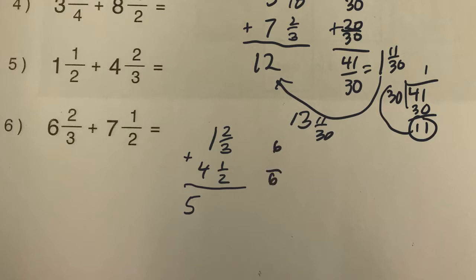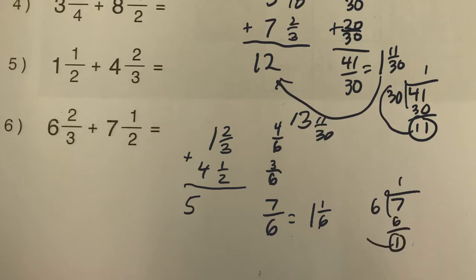So 1/2 is the same as 3/6. 2/3 is the same as 4/6. That's going to give me 7/6. 7/6, you might be able to do this in your head by now, is 1 and 1/6. If you don't believe me, there's your proof. 1 and 1/6. And then I just add that, and the answer is 6 and 1/6.